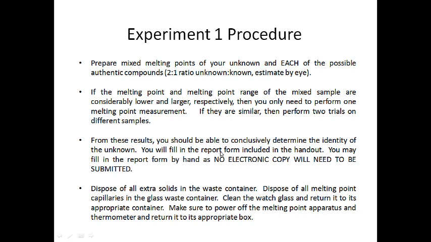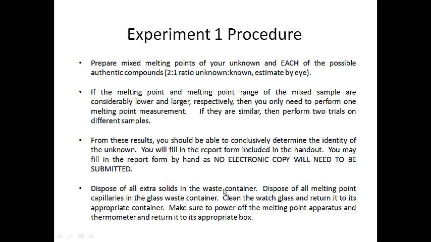At the end, you should know conclusively what your unknown was, and you will have learned how to measure the melting point of an organic sample. At the end of the experiment, you're going to dispose of any extra solids in a solid waste container that will be in one of the hoods in the lab.